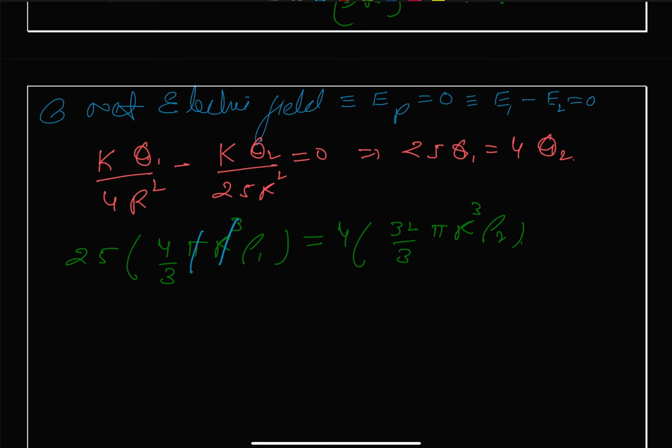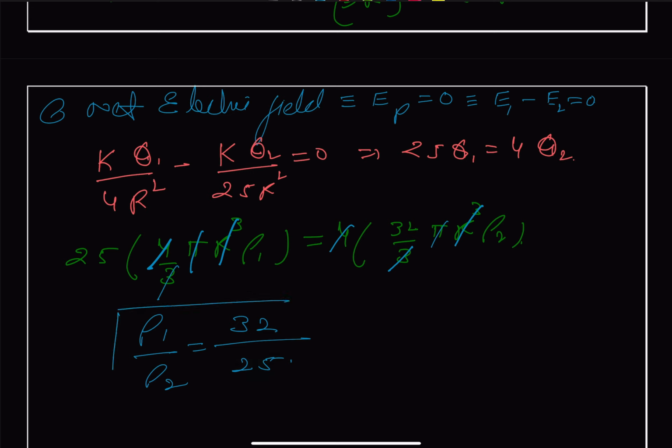Pi r cube and the 3 and 4 cancel out. Therefore we get that the ratio rho 1 upon rho 2 will be equal to 32 upon 25.